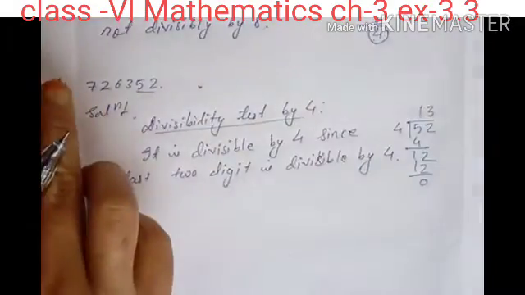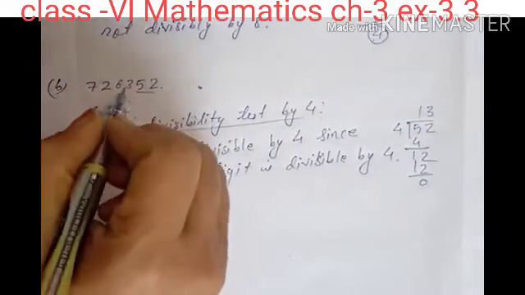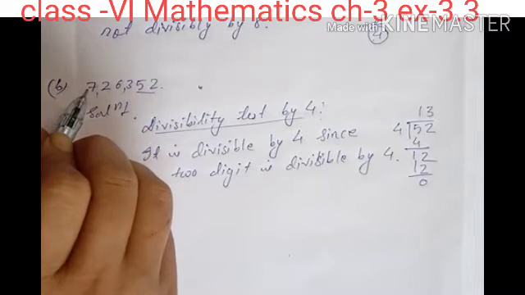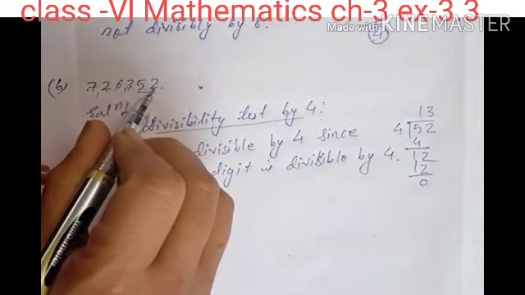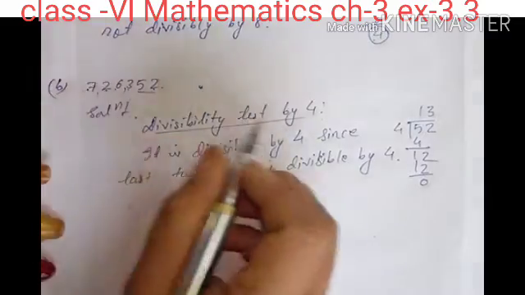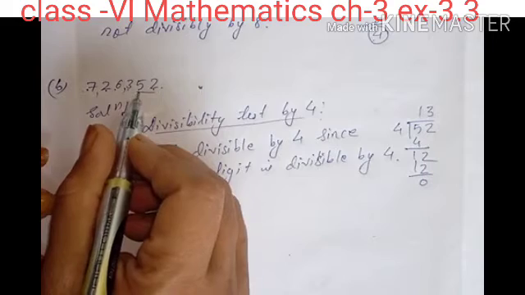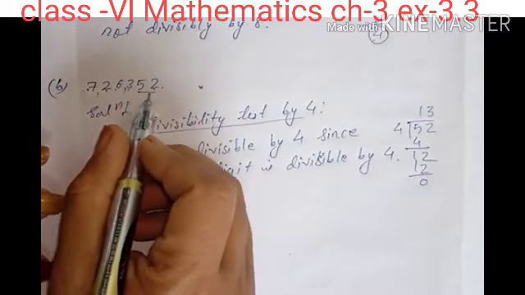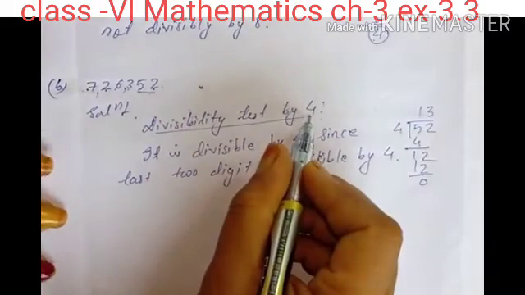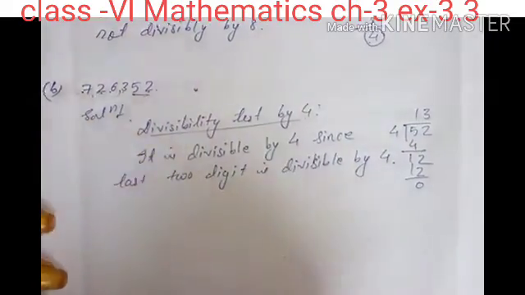Okay, now this whole big number, what is this? 7,26,352, isn't it? This whole number will be divisible by 4. So no need to divide all this number by 4, just you have to see whether the last two digits are divisible by 4 or not. If it is divisible, then yes, this number will be divisible by 4.